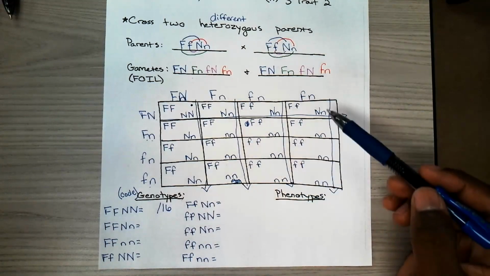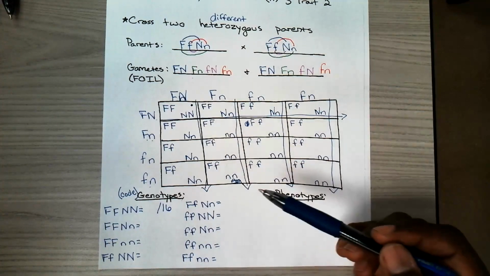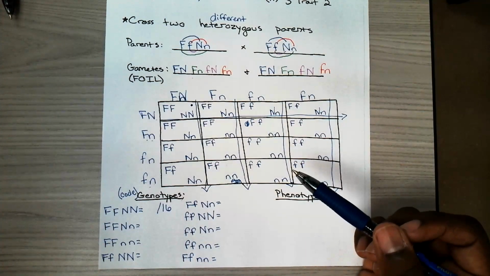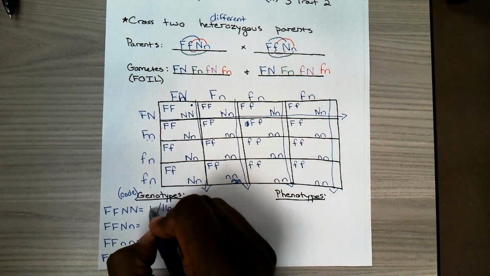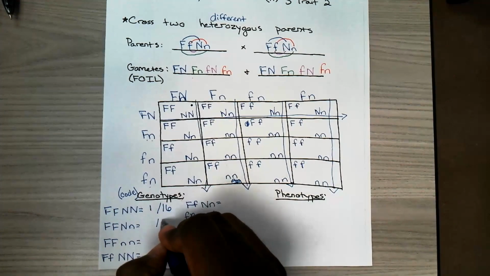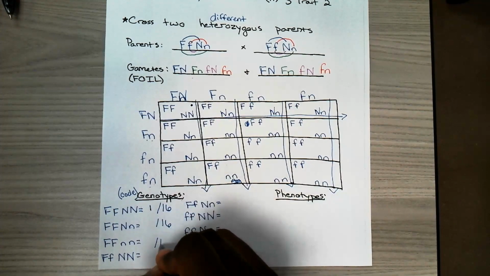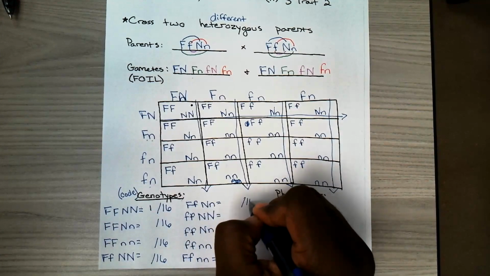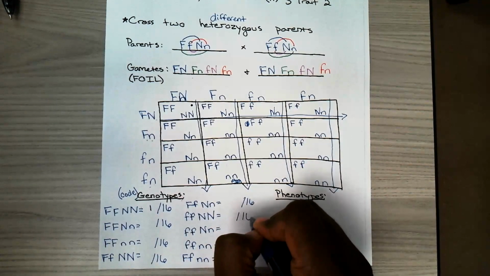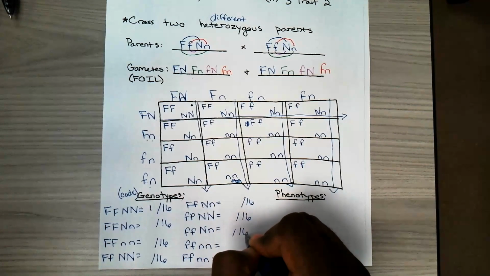I do not have any other big F, big F, big N, big N's. So that is 1 out of 16.